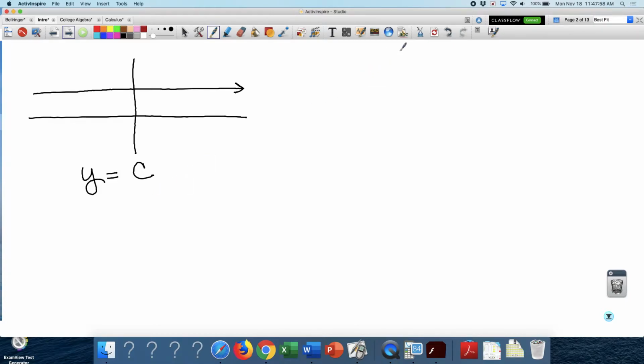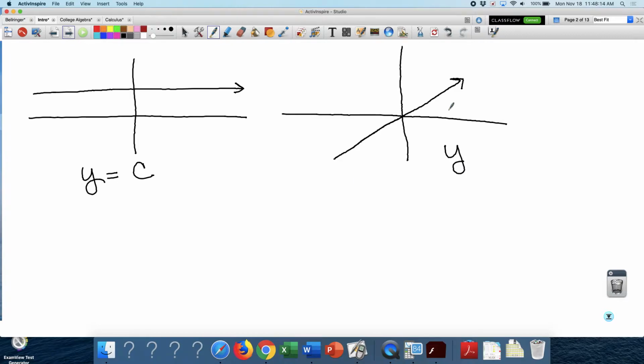Now the next one you ought to know, it's a what? It's a line. This is an equation of a line. What's the general equation of a line? Y equals mx plus b. The slope on this is 1.